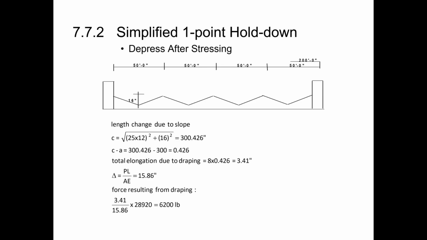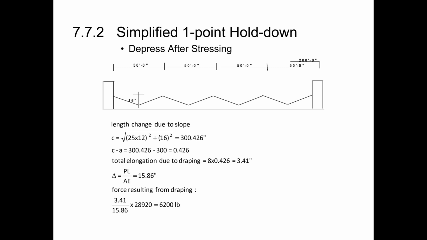And so now we can use those two to set up our ratio to calculate our added force. So remember, our added force is equal to our added elongation times our required force, in this case 28,920 pounds, divided by our basic elongation, 15.86.